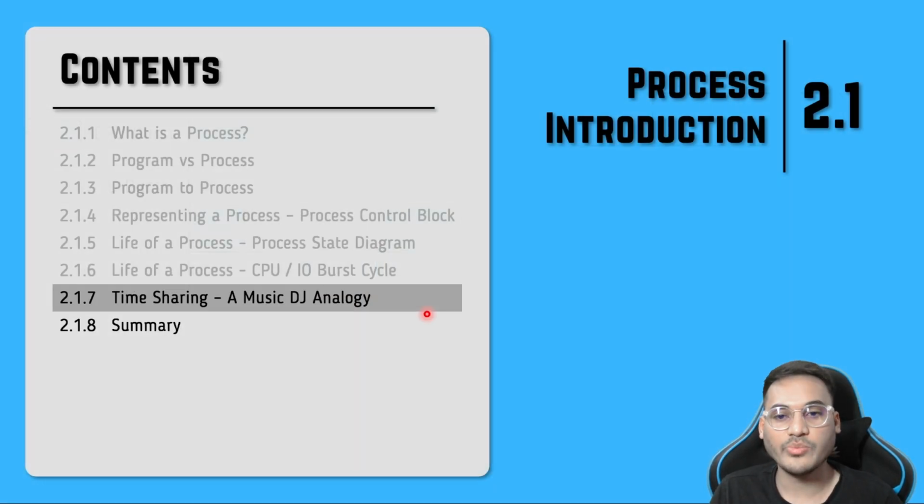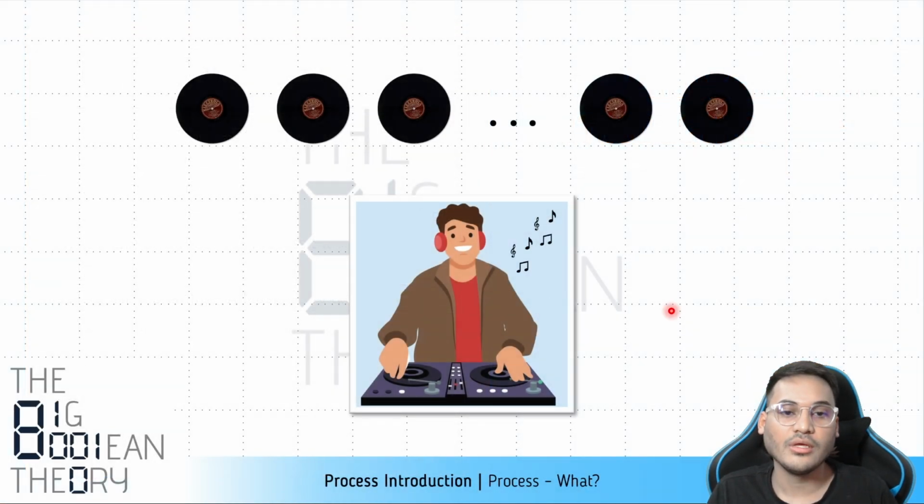And finally, in the previous video, we developed an analogy where we brought together all of the ideas related to time sharing, and tried to develop an analogy between the activities that the operating system does while time sharing the CPU among the different programs. We looked at how it is very similar to what a music DJ does when he is creating a music mashup. That is, he's switching between different songs, and this switching of songs on the music player is very similar to what the operating system does while time sharing the CPU.